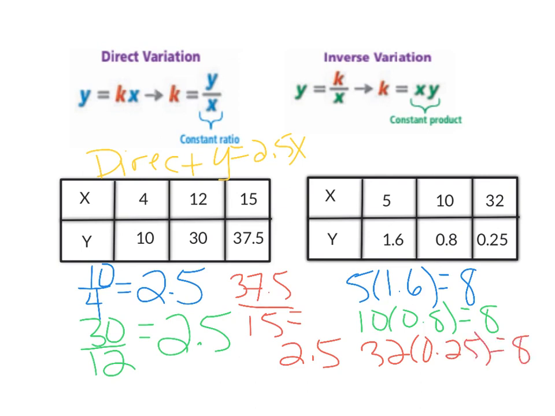Since I have a constant product, I know that I have inverse variation, and I know that my value for k, my constant of variation, is 8. So I can write my equation as y equals 8 over x.